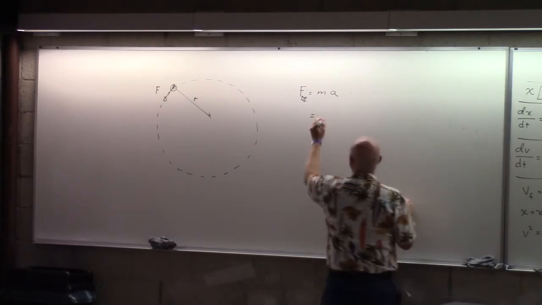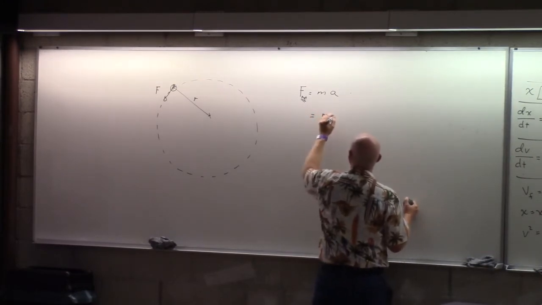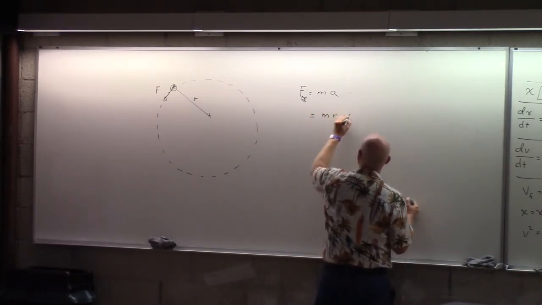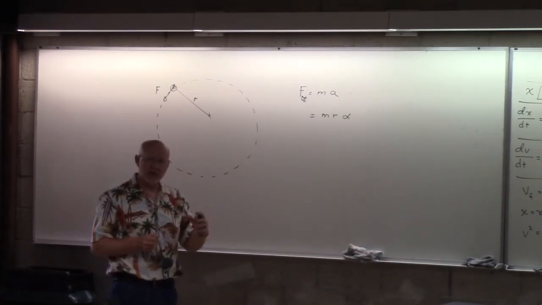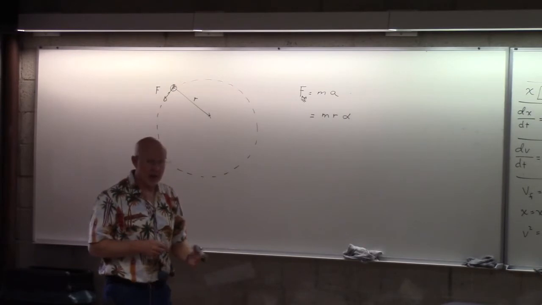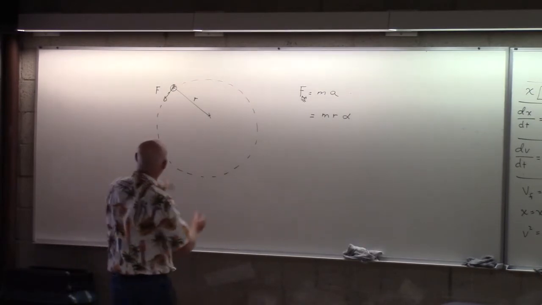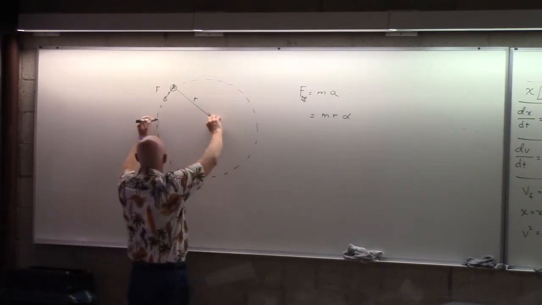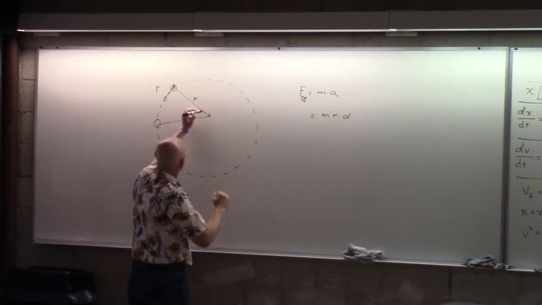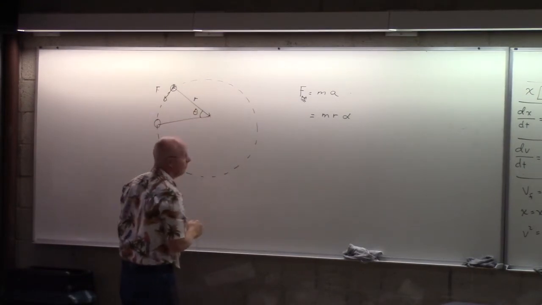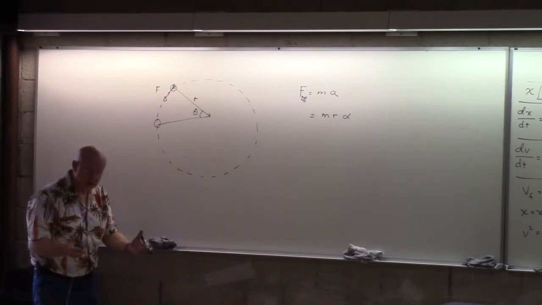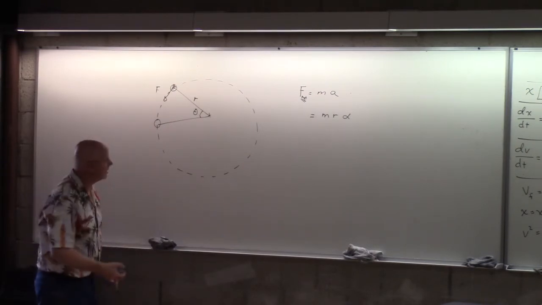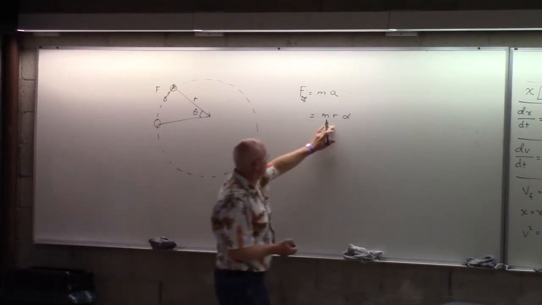So if I wanted to look at this a little differently, I would say, let's think about this thing not translating but rotating. And of course that means it would move something like to here, and so it would rotate through an angle. And of course, then we would have an angular speed and of course an angular acceleration. And that's why I put this here.